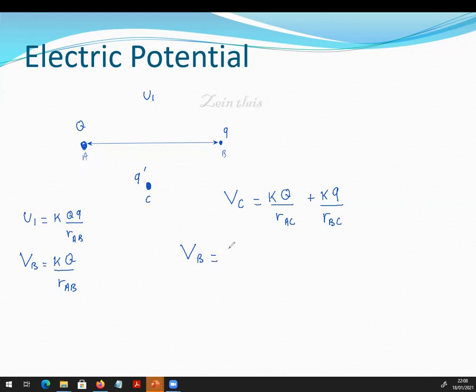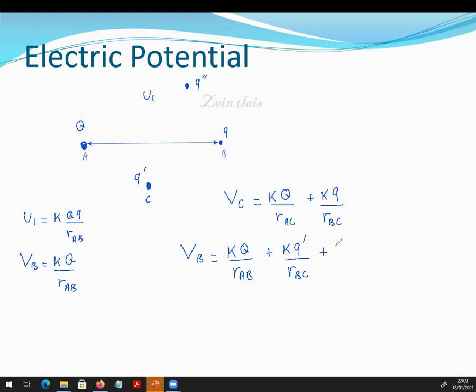Here we will get kQ divided by R_AB plus kQ' divided by R_BC at the point B. If we have a charge here, Q'', so at the point B, we have the effect of this one plus this one plus this one.